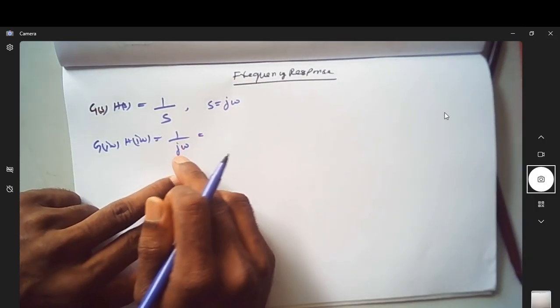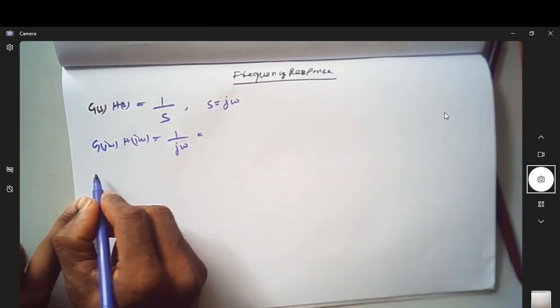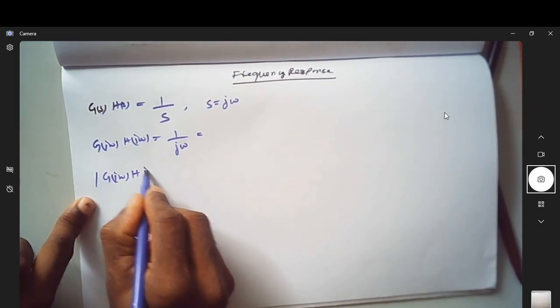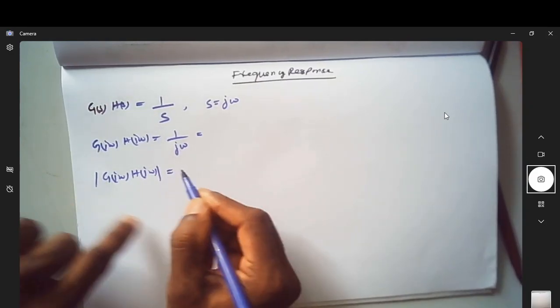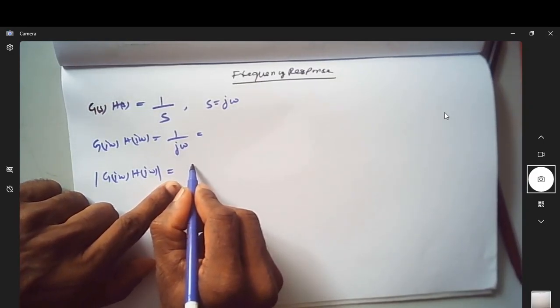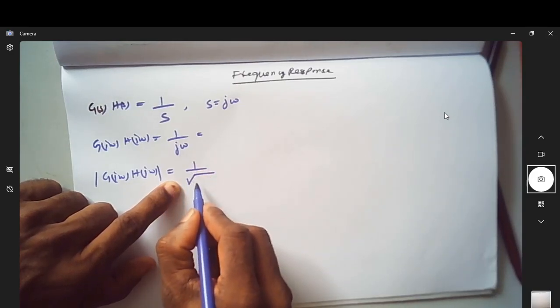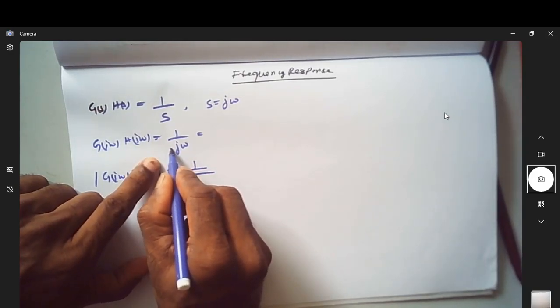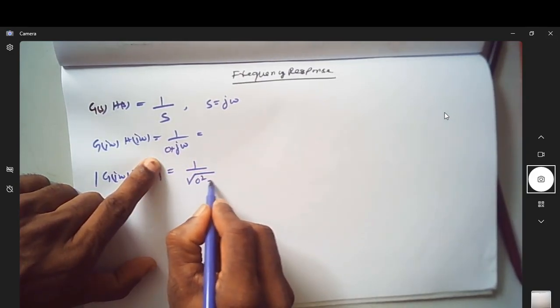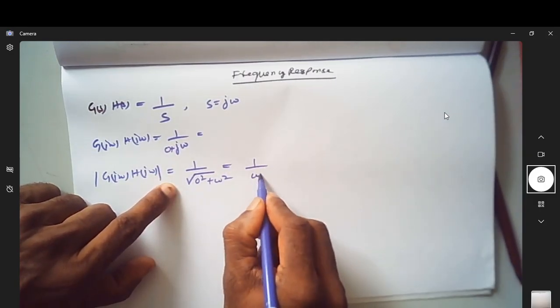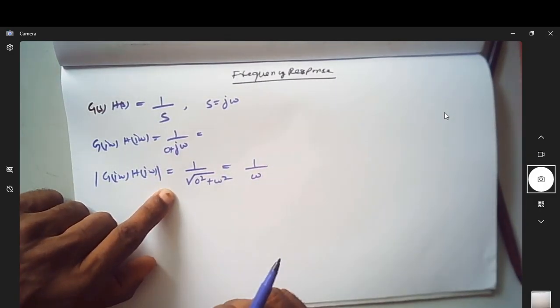We are supposed to know the magnitude of this, which is nothing but 1 over square root of, of course there is no real part, it is 0 square plus omega square. So this happens to be 1 over omega.